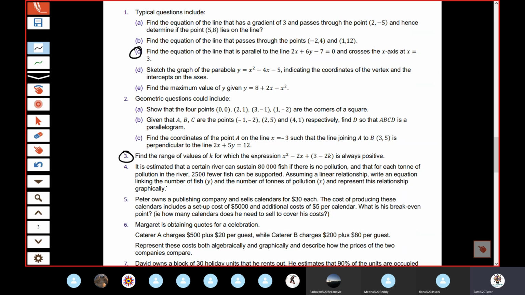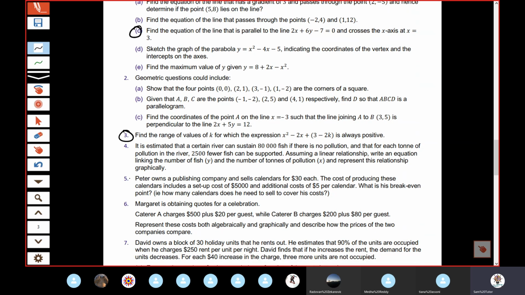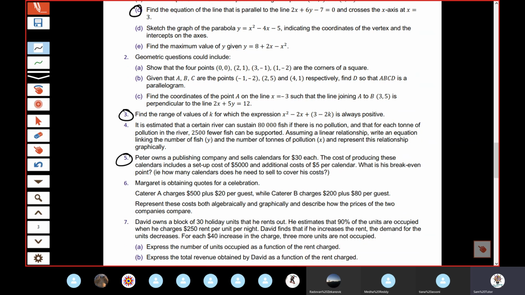I don't think you guys are going to get right. I guess we'll do one of these ones. 5. All right, start with C. Find the equation of a line that is parallel to this and crosses the x-axis at x equals 3. I'll leave that with you guys. Think about it. It's not that hard.